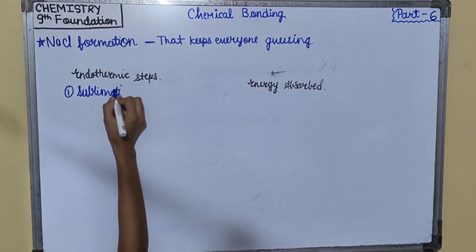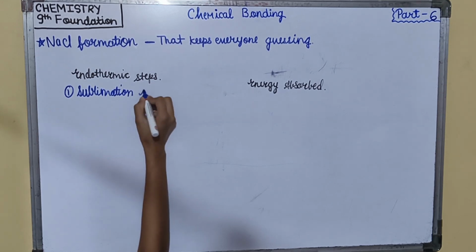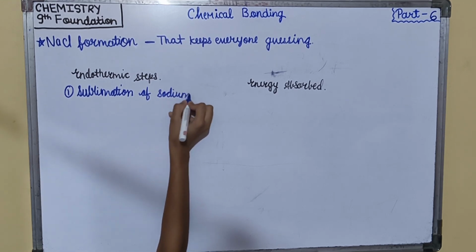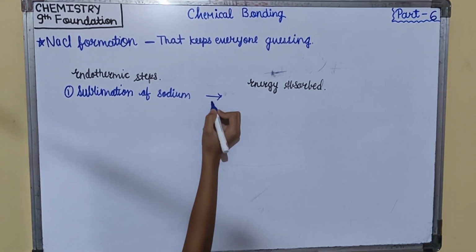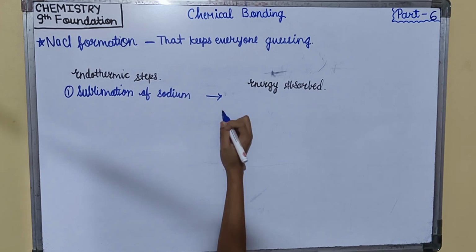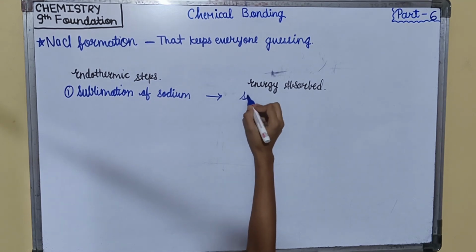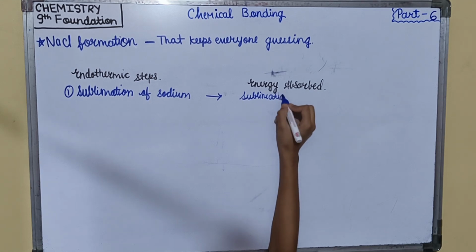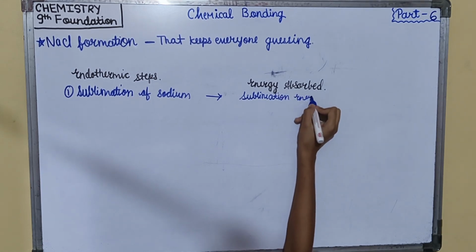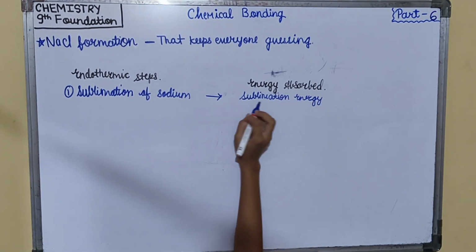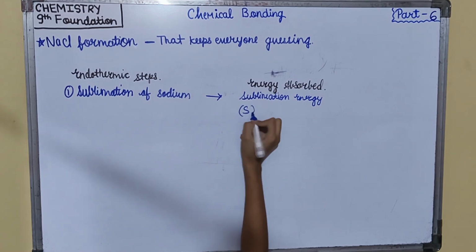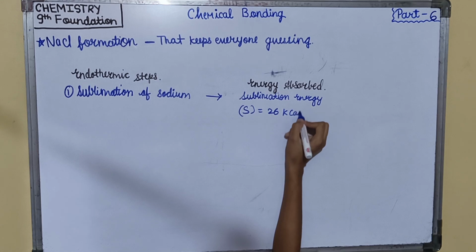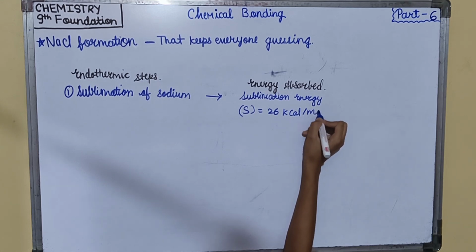Energy absorbed, sublimation energy S, is equal to 26 kilocalorie per mole.